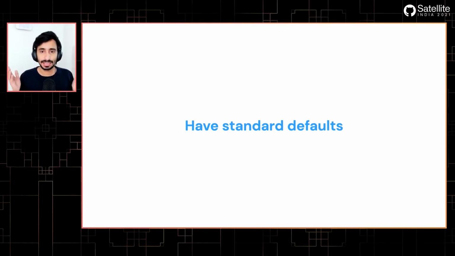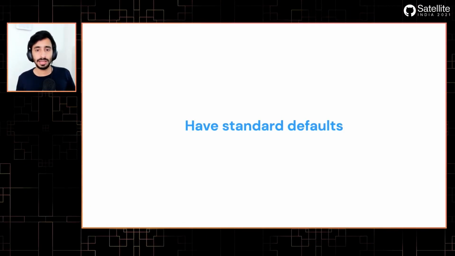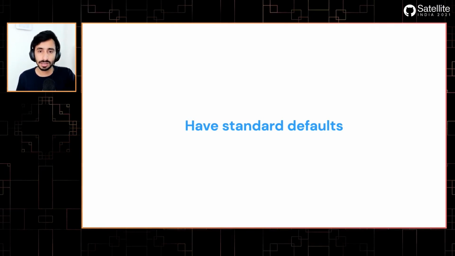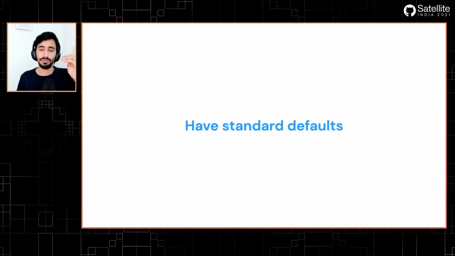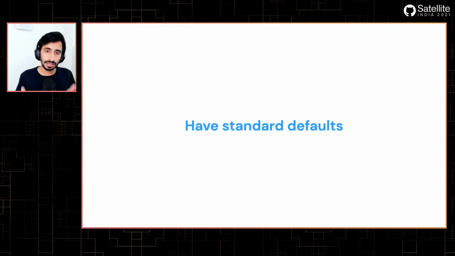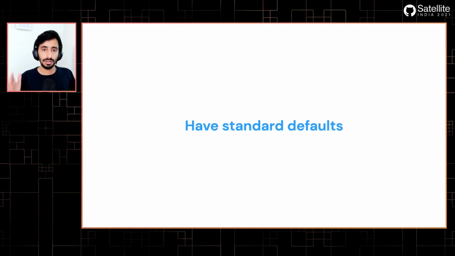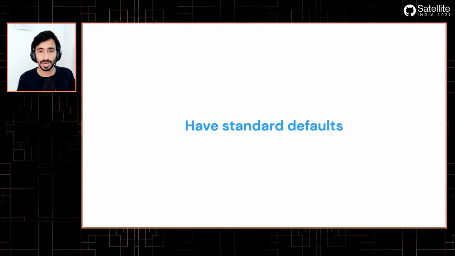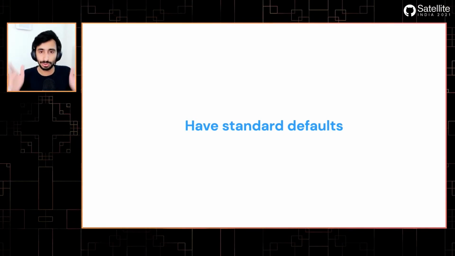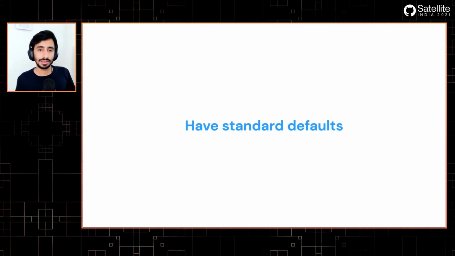If you look at Zoom as an example, the way we enter a meeting is just one click. But if you want to customize a specific thing, like the way it's being recorded, or the video quality, or the audio quality, it's all there. But all those options have a standard default, so that when a new user comes in, or a person who wants to try out the product, there is a very simple step to do that: install the software, click on login, and then click on start a meeting.